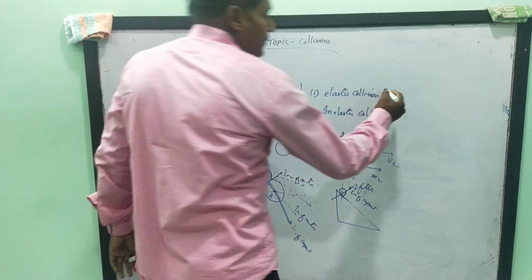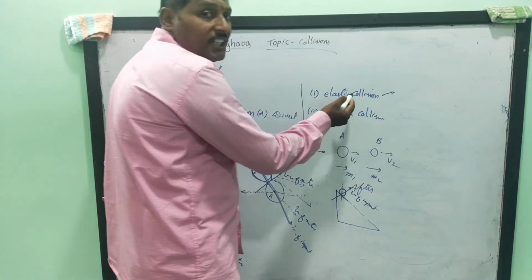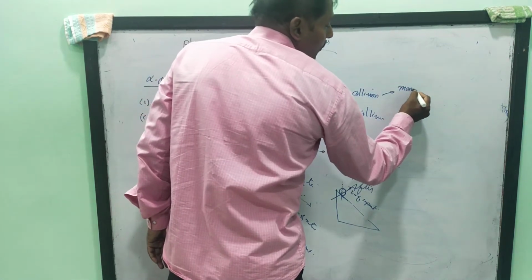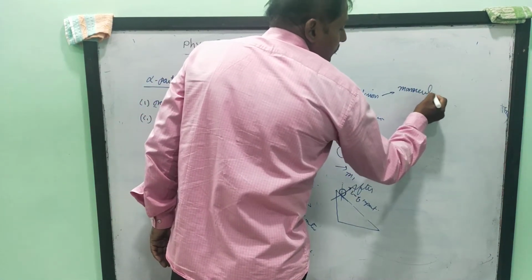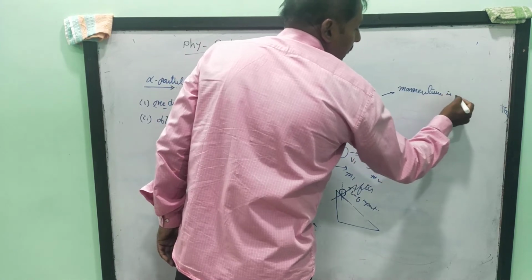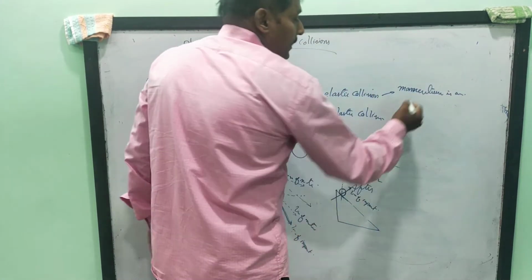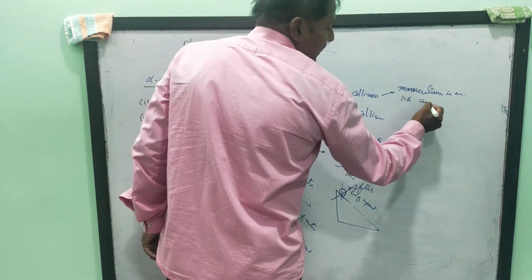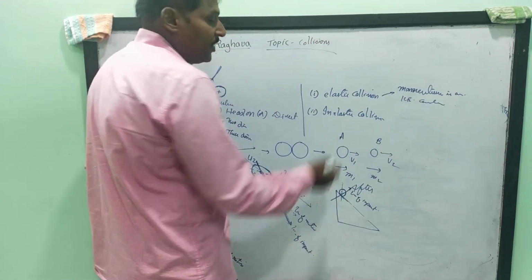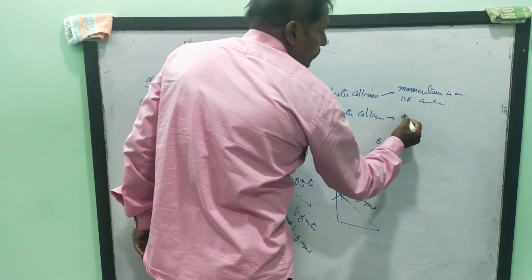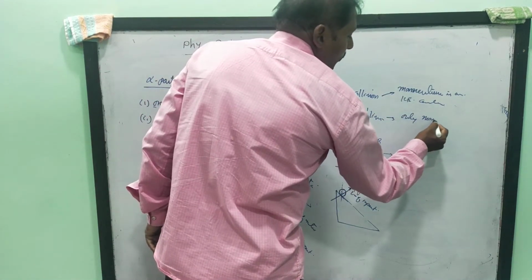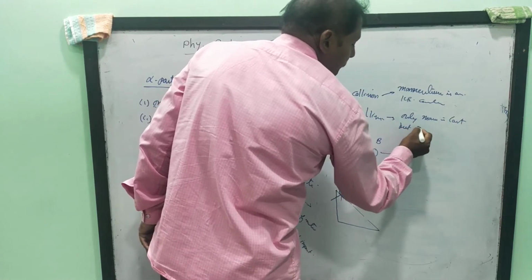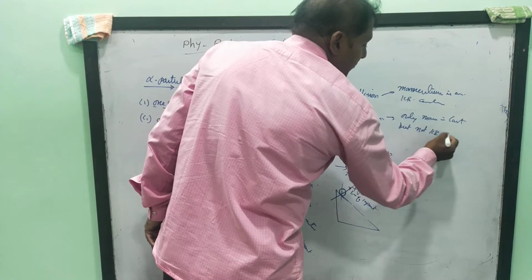Elastic collision means the collision in which both momentum and kinetic energy are conserved. But in inelastic collision, only momentum is conserved, but not kinetic energy K. Kinetic energy is not conserved.